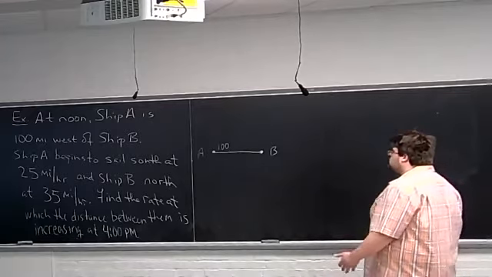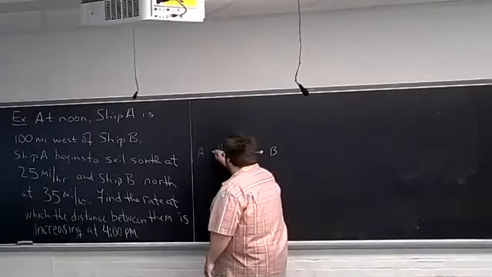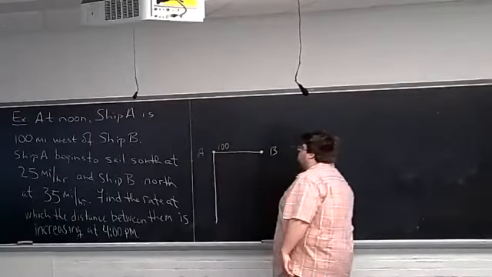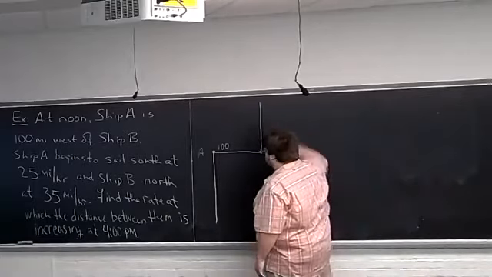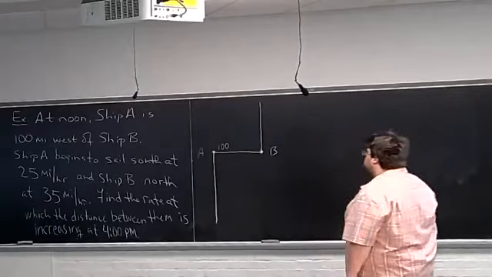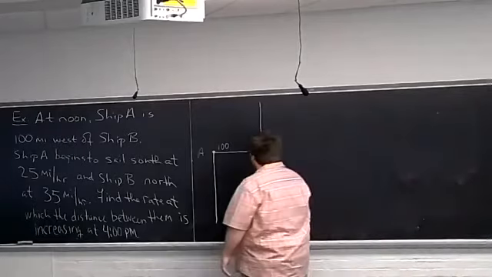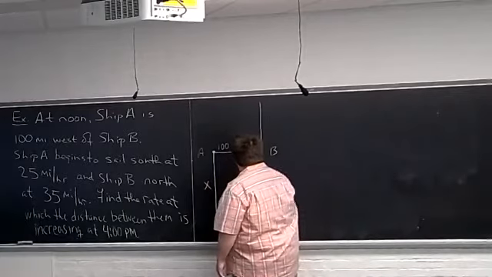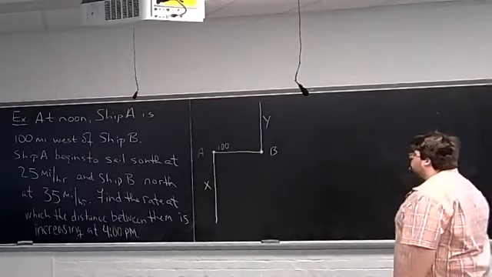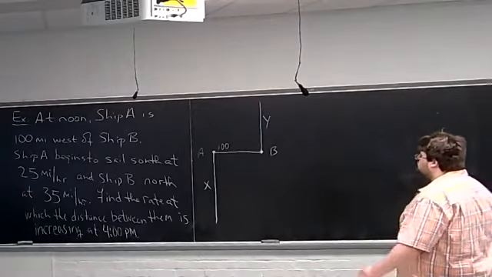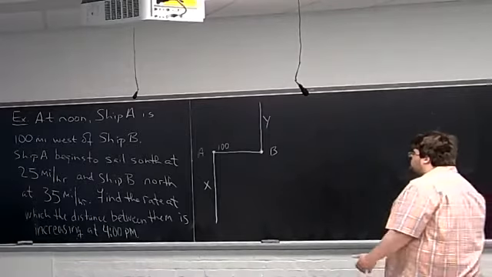But once it hits noon, ship A begins to sail south at 25. Ship B begins to sail north at 35. So just from that, we have two quantities which are now changing. We have X and we have Y. And the question asks about the distance between them.